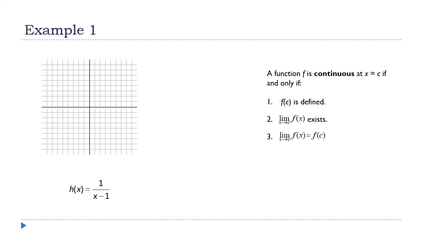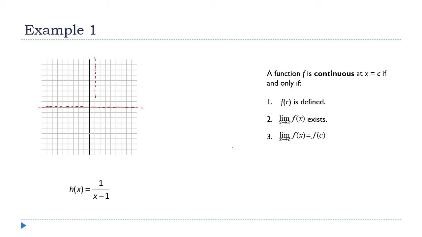Okay, so how about this one: 1 over x minus 1. And I want to look at them visually, because looking at the graph, a lot of times it's going to point us in the direction of how to answer these questions about continuity. Hopefully, this function has a horizontal asymptote at y equals 0, and a vertical asymptote at x equals 1.